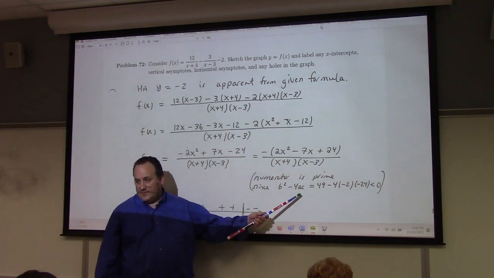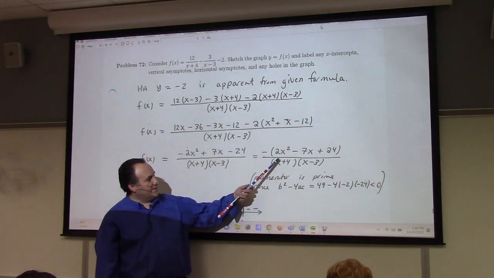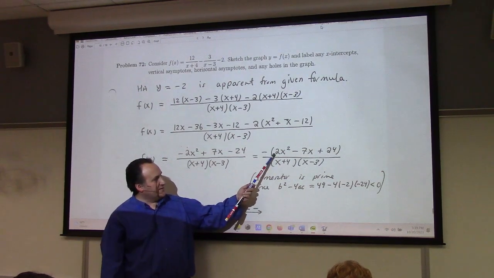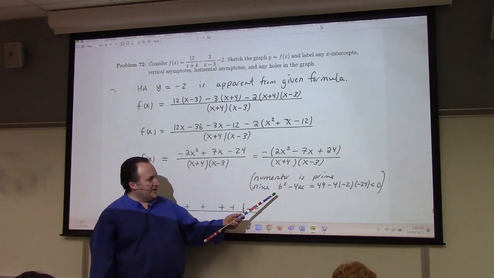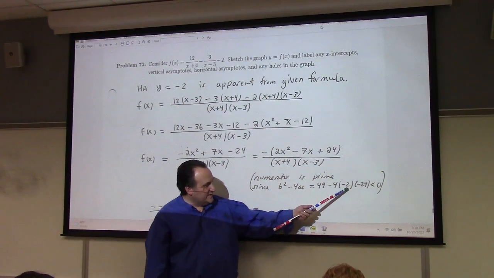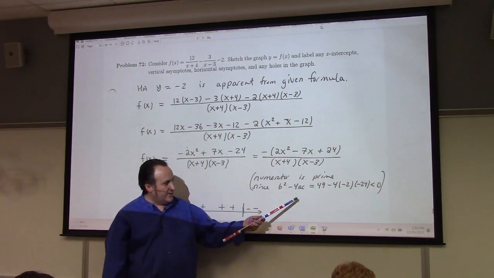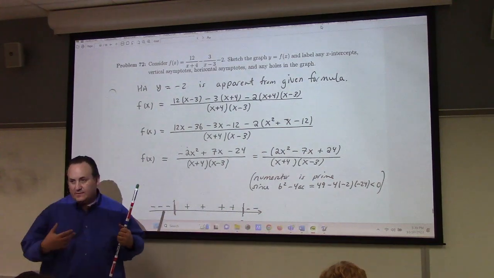If that thing's negative, that means we can't factor it. Remember this? So if I look at this, multiplying the minus through, I've got a equals minus 2, b equals 7, c equals minus 24. So if I plug that into my b squared minus 4ac, I get 49 minus this number, which is bigger than 49. Therefore, that's less than 0, which shows me that it's prime.